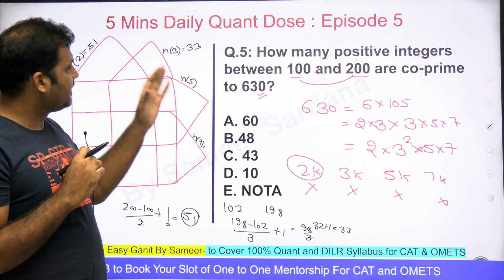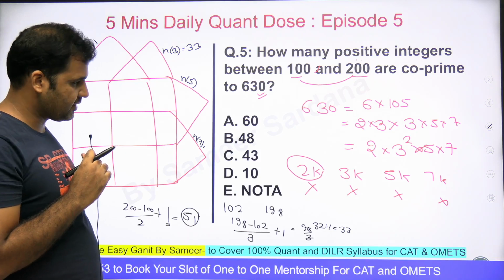So total ऐसे 33 numbers हो गए जो 3 के multiples होंगे, right?